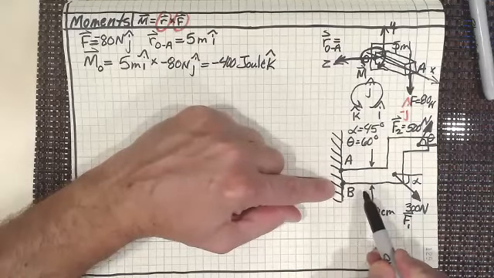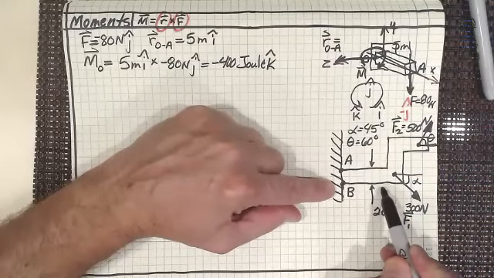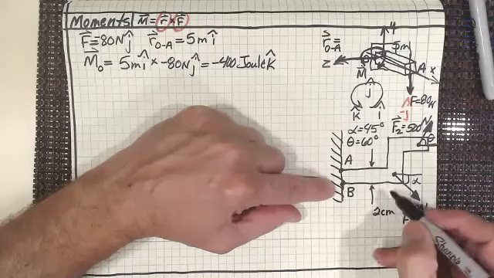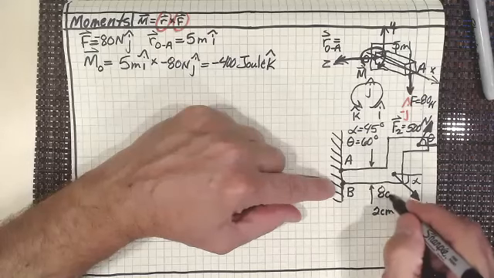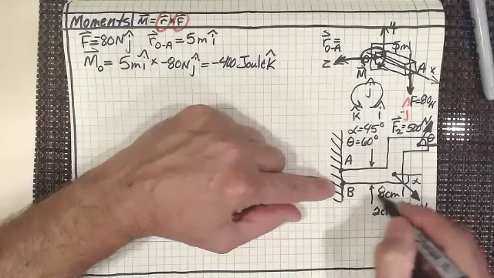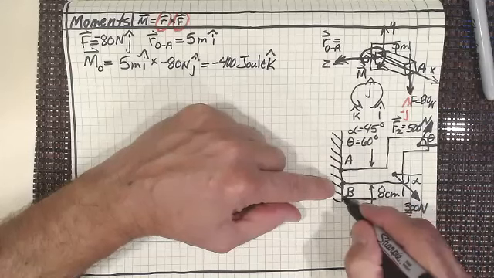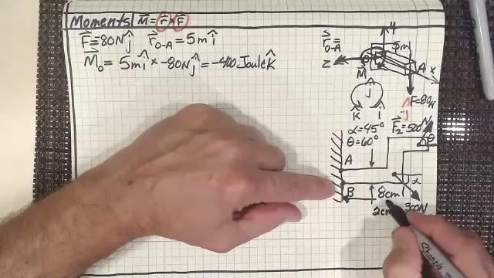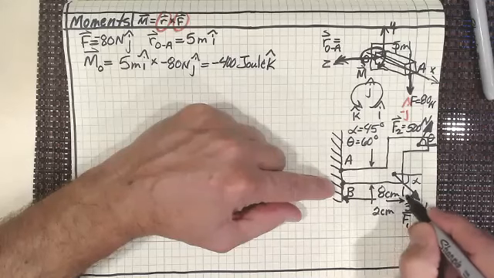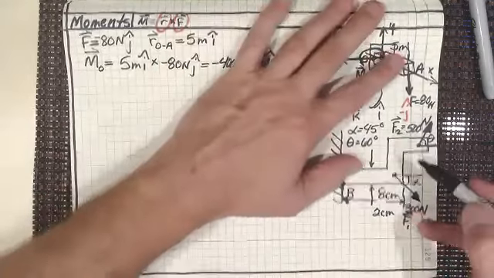So this is going to be 2, 3, 4, 5, 6, 7, 8. This is going to be 8 centimeters from here to here. That's 8 centimeters.